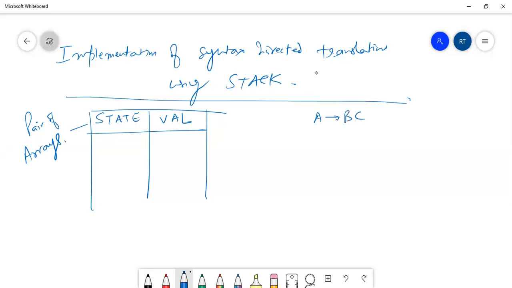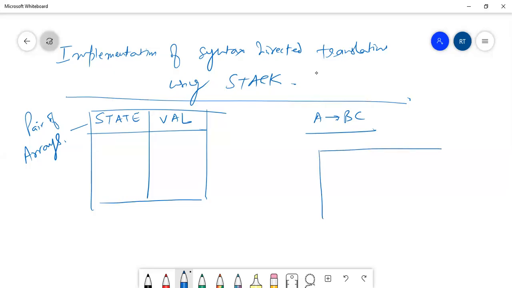Instead of going through these two definitions, we can directly go to an example of how we initialize the stack. So this is basically our stack. There are two different types of stacks.